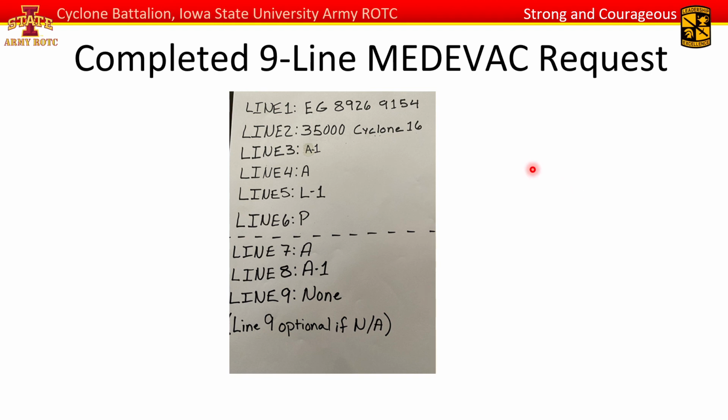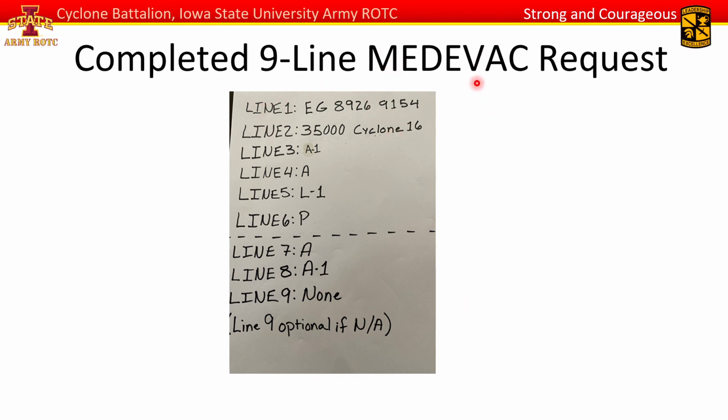For our example with our call sign, we're Cyclone 16, so it would be: Alpha 6, this is Cyclone 16, 9-line Medevac to follow. So that lets them know that you're trying to reach them and you have a 9-line to give out. Then they'll get on and say go ahead, and then you'll read this off.